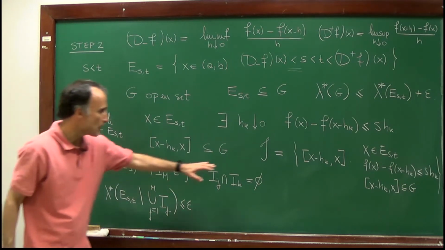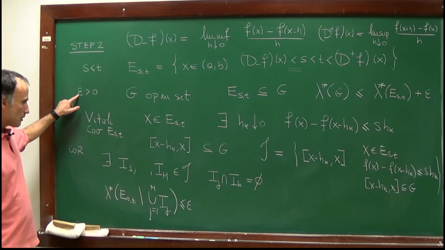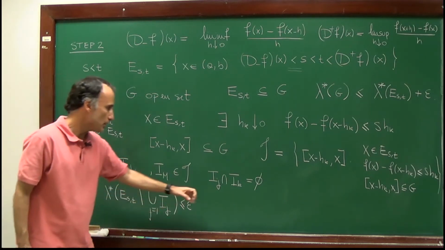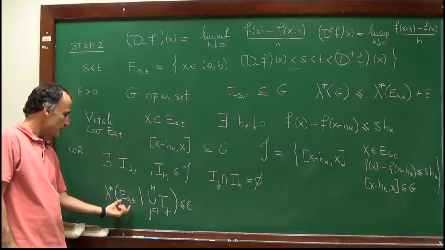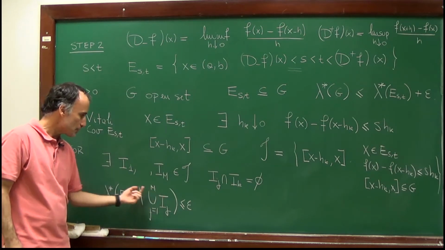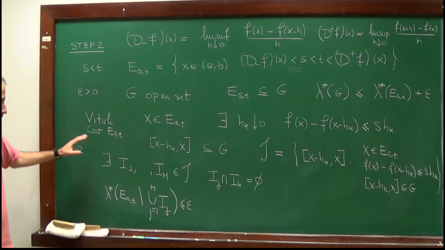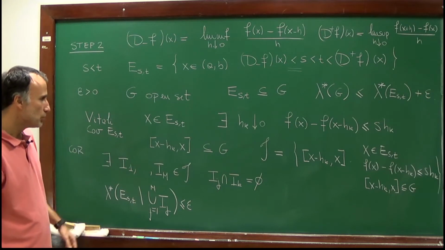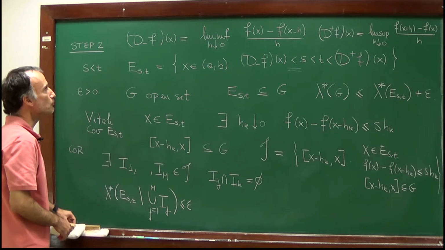Right? Since this is a Vitali covering, for that fixed epsilon, I can find a finite subfamily of intervals which are disjoint two by two, and for which the outer measure of the set minus the union is smaller than epsilon. Now I have all the ingredients to conclude my proof.